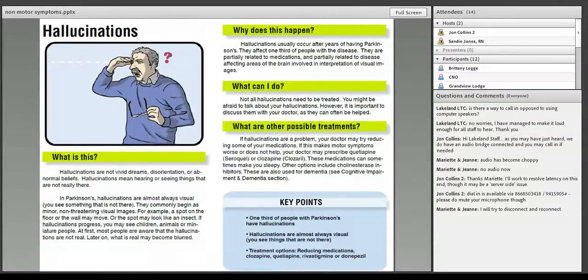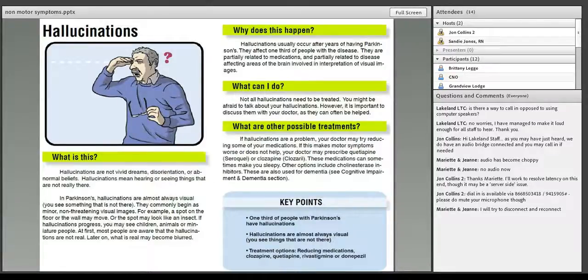So again, if there's any change in the motor symptoms or in the cognitive behaviors of people with Parkinson's, anything that changes quickly, please make sure that they're getting the proper lab tests, because sure as heck, they're going to have a urinary tract infection, a respiratory infection, they're dehydrated, something else is causing this to take place.